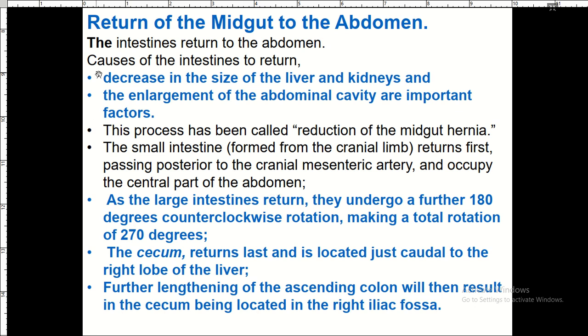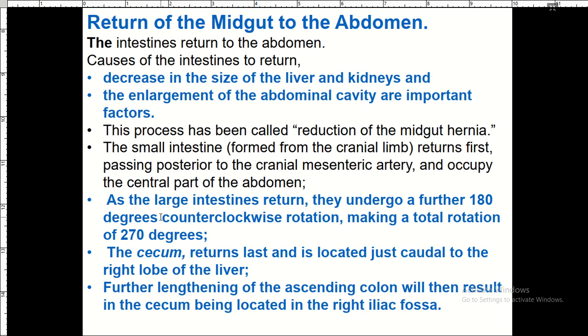Now, we are going to have a retraction of the midgut. The retraction of the midgut is caused by the decrease in the size of the liver and the kidney and the enlargement of the abdominal cavity. So there's going to be less pressure. This retraction takes place around week 10. Remember. Good.